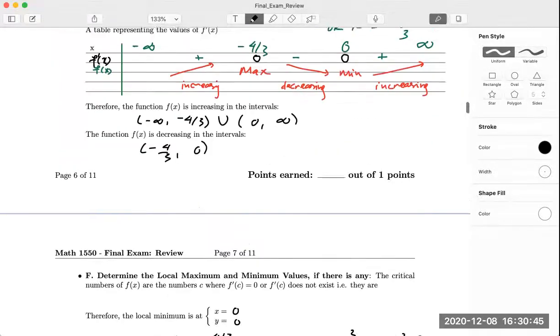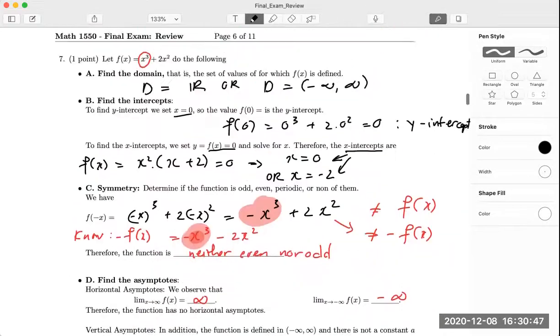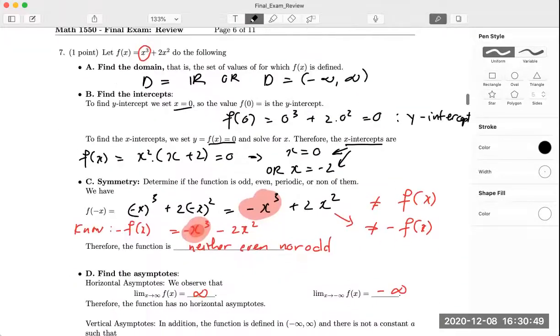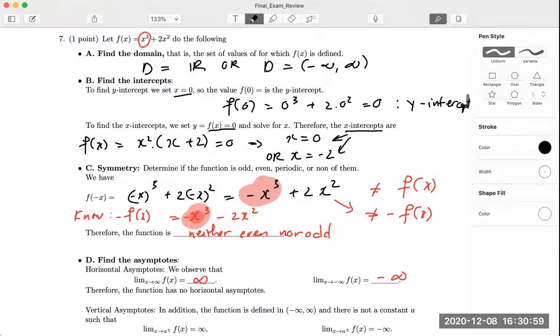First, on the axes, the y-intercept is 0, 0, and the x-intercepts will be at 0 and negative 2.